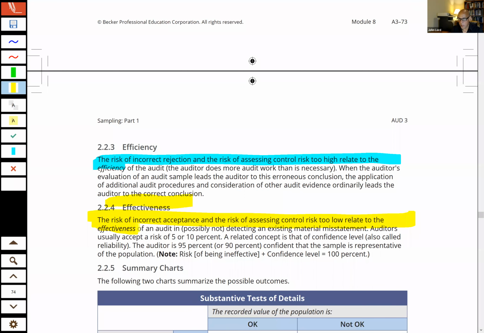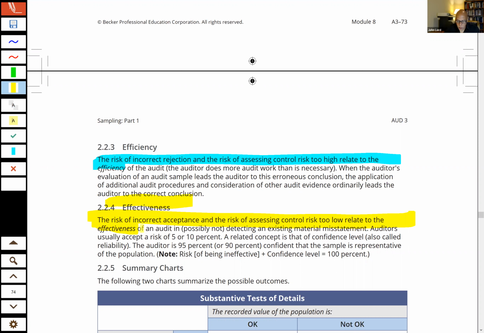So I probably won't do enough substantive testing, so I'm increasing the chance that I'm going to miss a material misstatement. Risk of incorrect acceptance is by definition audit failure. I gave the wrong opinion based on the sample, right? And so my audit is not effective.